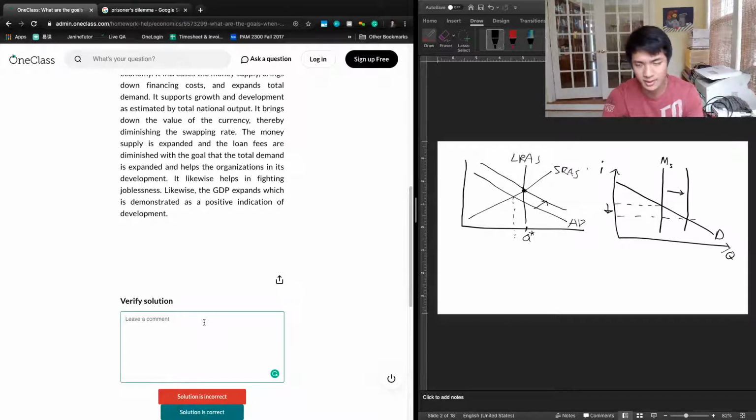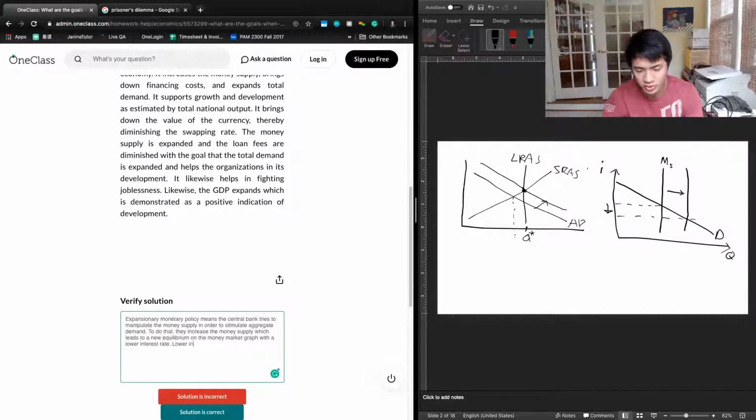The thing we care about is expansionary monetary policy and what that means, right? Expansionary monetary policy means the Fed, the central bank, tries to manipulate the money supply in order to stimulate aggregate demand. To do that, they increase the money supply, which leads to a new equilibrium on the money market graph with a lower interest rate.